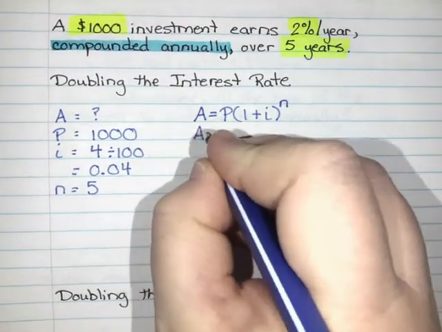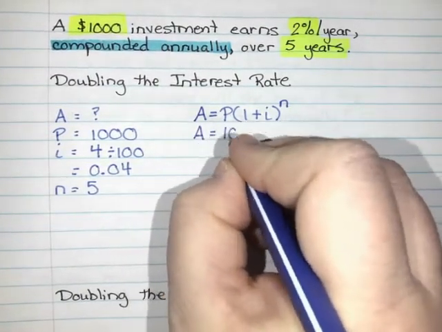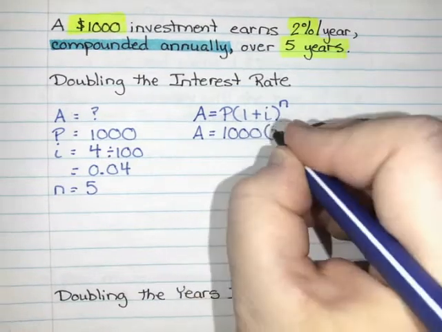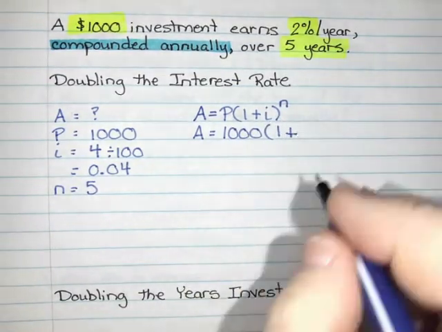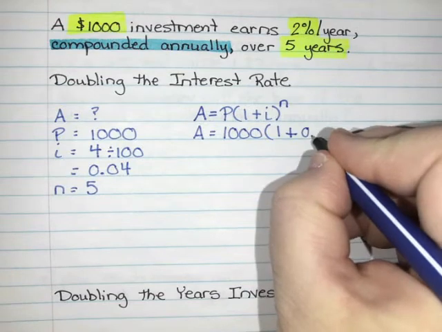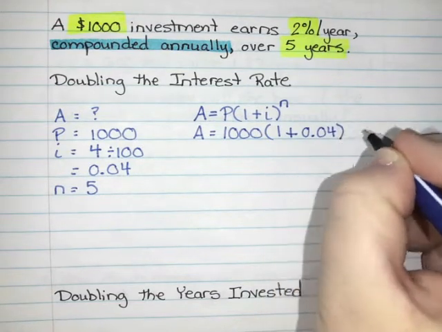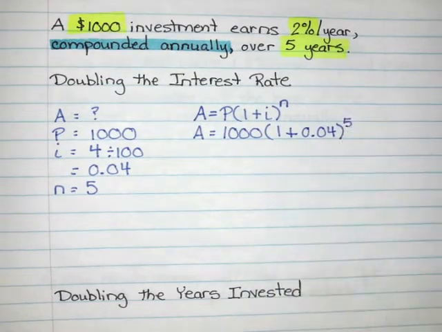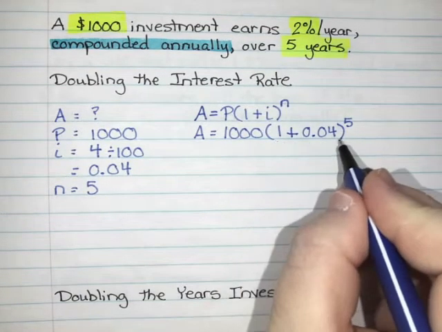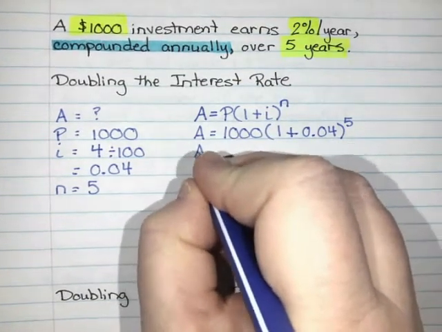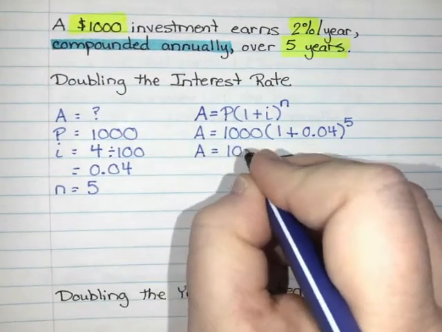So I get A equals P, we're putting in 1,000, times (1 plus I), where I is my interest rate, 0.04, to the power of 5. For this, I am going to start by simplifying the bracket using order of operations. I'm going to add those two numbers together.